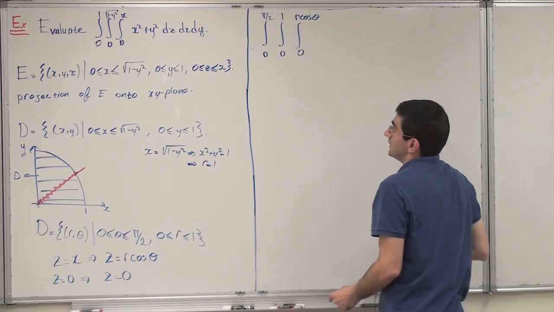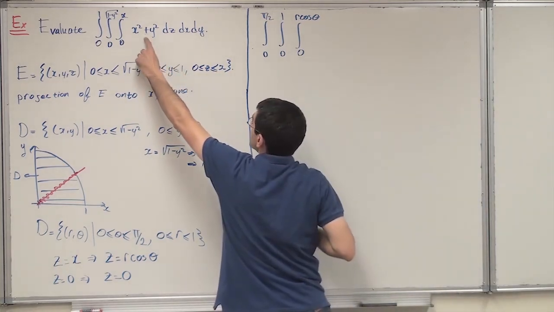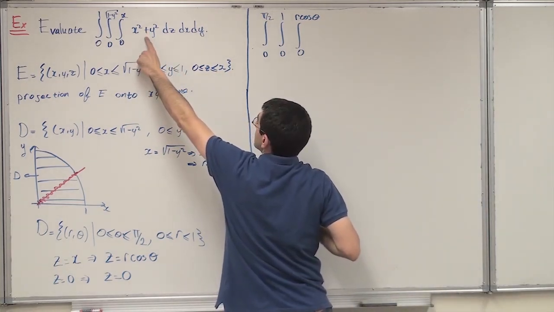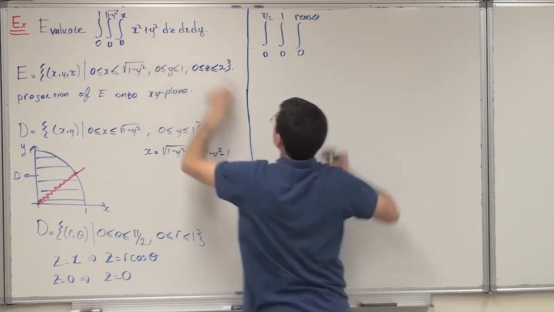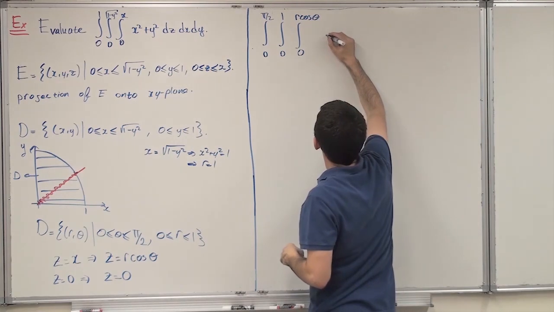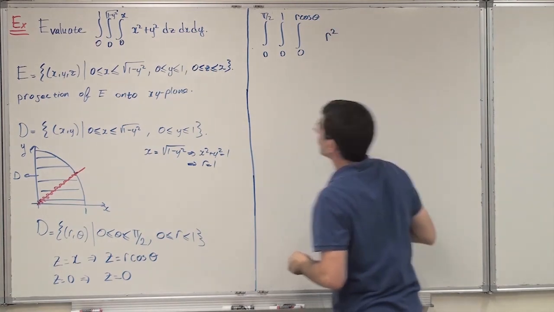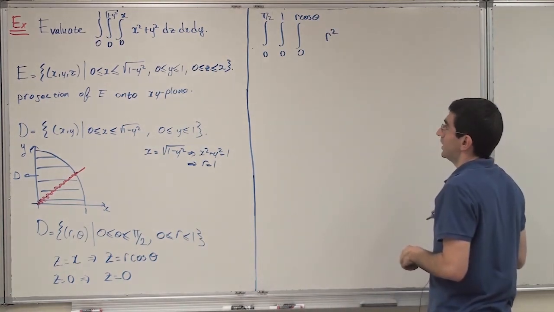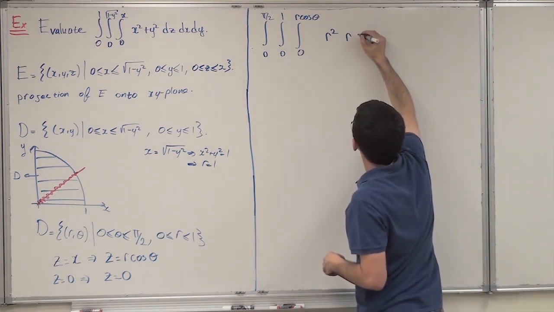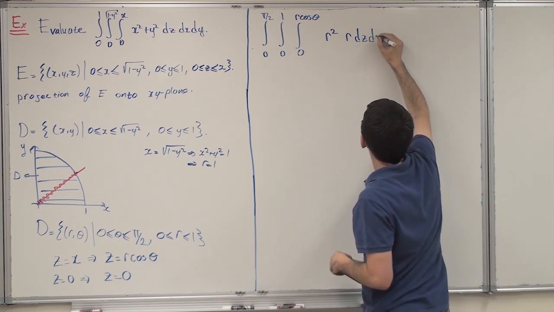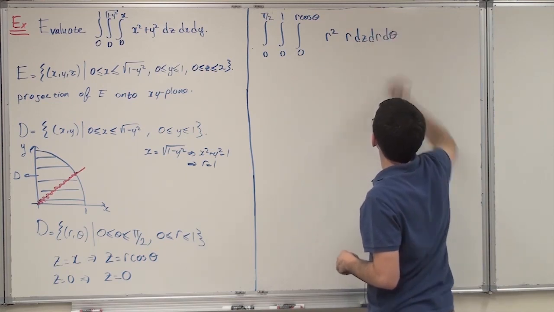Then next, I need to express the function in cylindrical coordinates. So x squared plus y squared in cylindrical coordinates is equal to r squared. And then I will have r dz dr d theta.